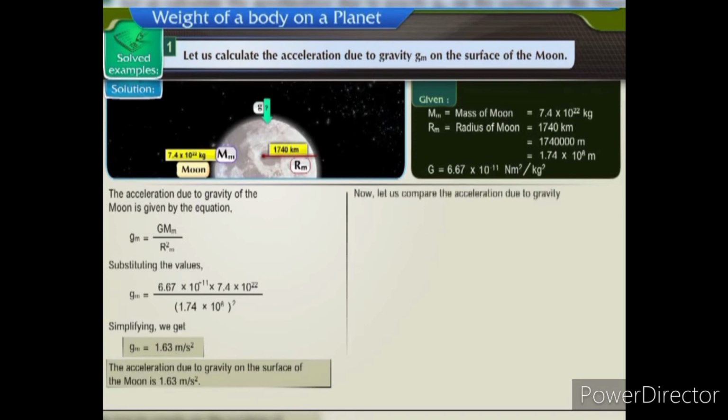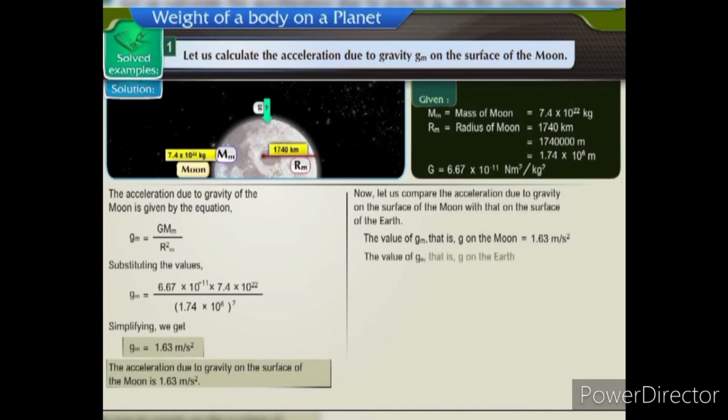Now, let us compare the acceleration due to gravity on the surface of the Moon with that on the surface of the Earth. The value of gm, that is acceleration due to gravity on the Moon, is equal to 1.63 meter per second square. The value of ge, that is acceleration due to gravity on Earth, is equal to 9.8 meter per second square.